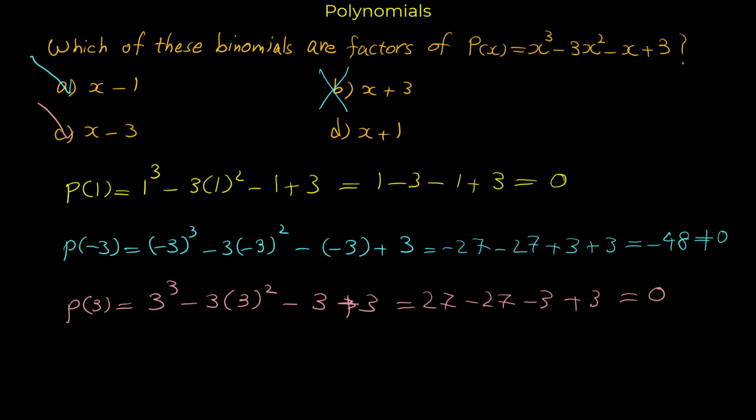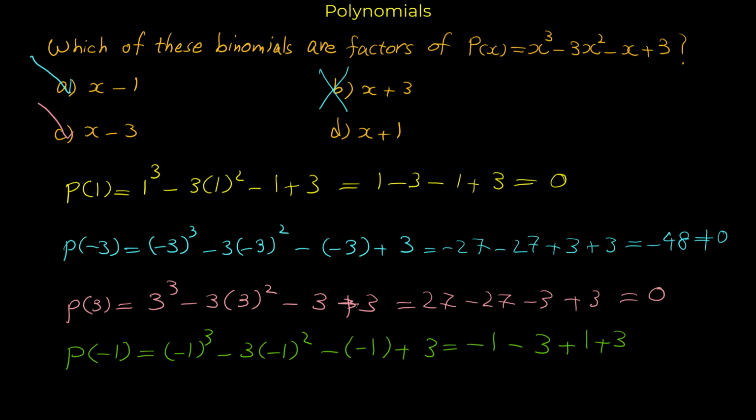What about x plus 1? We can check it simply by substituting negative 1. Then we have negative 1 to the 3 minus 3 times negative 1 to the 2 minus negative 1 plus 3. It equals negative 1 minus 3 plus 1 plus 3. It is 0. So this is also a factor.